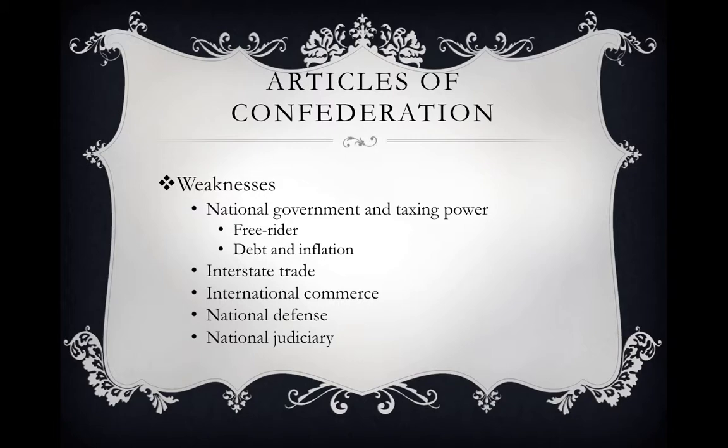And if the state wanted to give the money to them, they'd give the money to them. If the state didn't want to give money to the national government, they didn't give money to the national government. So the national government was built on a precarious financial position of having very limited revenues.